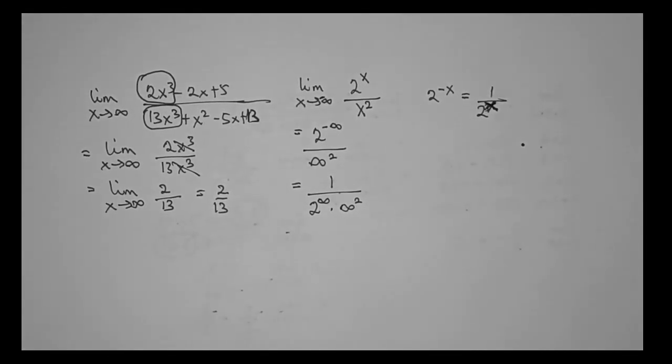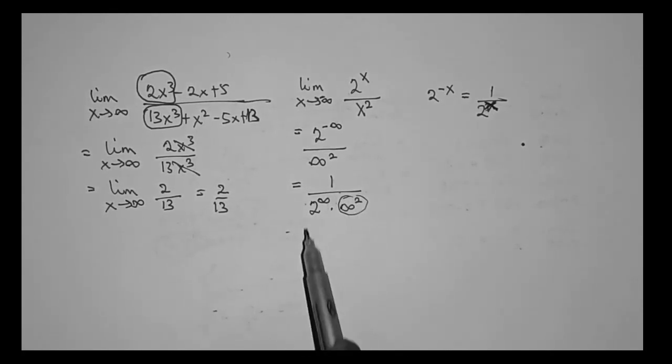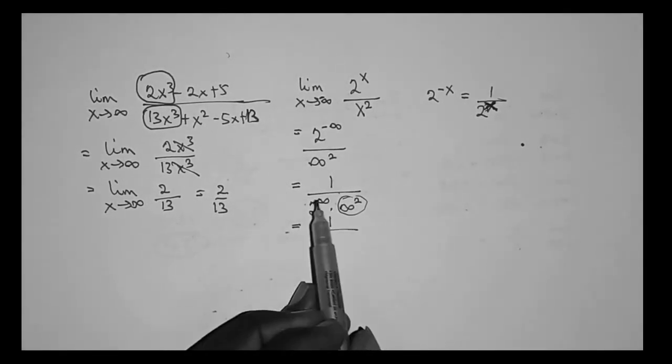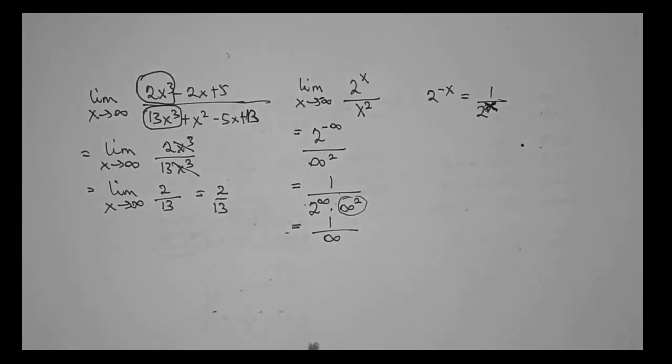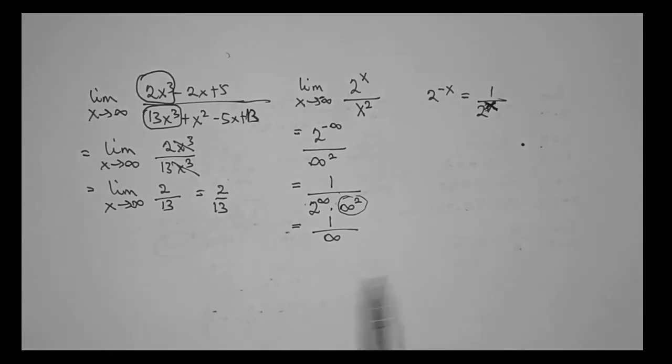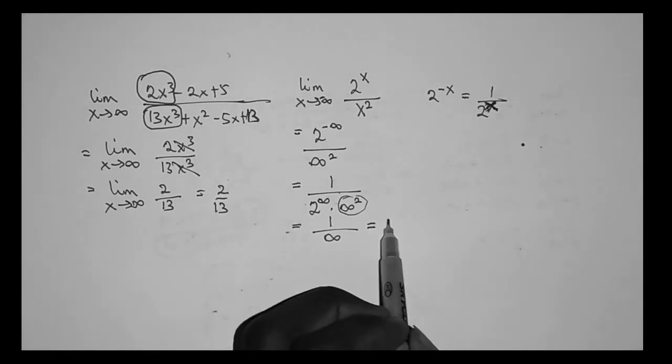What does this mean? 2 exponent a very big number will give us a very, very big number. A very big number squared will also give us a very big number. A very big number times another very big number will give us a very, very, very big number. And therefore, this is equal to 1 over a very big number, infinity. And remember what we said, as x approaches infinity, either from the left or from the right, the function approaches 0. So this function is 0.